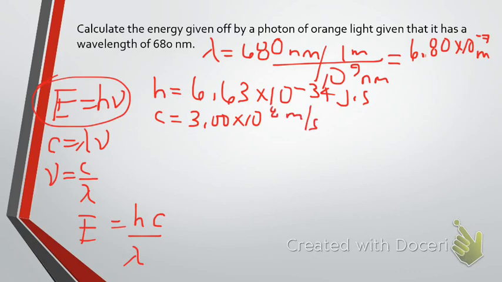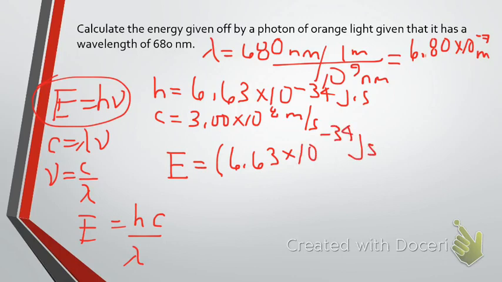So now let's calculate the energy for a single photon. We stick in h, 6.63 times 10 to the power minus 34 joule seconds, times c, which for space I'll just write as 3, but it's really 3.00 times 10 to the power 8 meters per second.